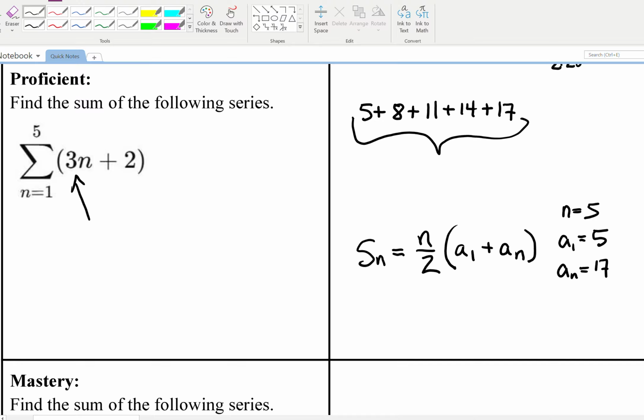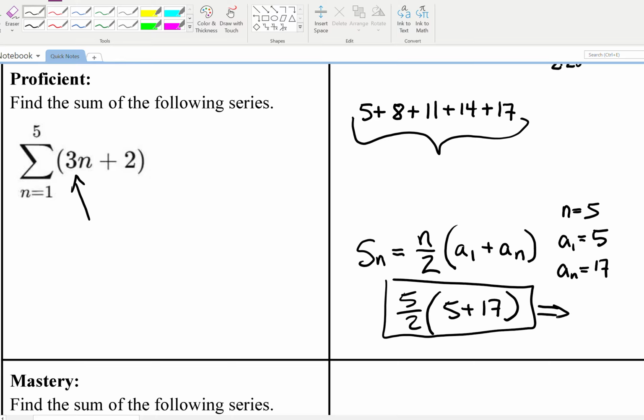And so now that we have the last term, we could calculate it this way. So 5/2 times a sub 1 plus a sub n, which is 5 plus 17. And this we could put in the calculator.